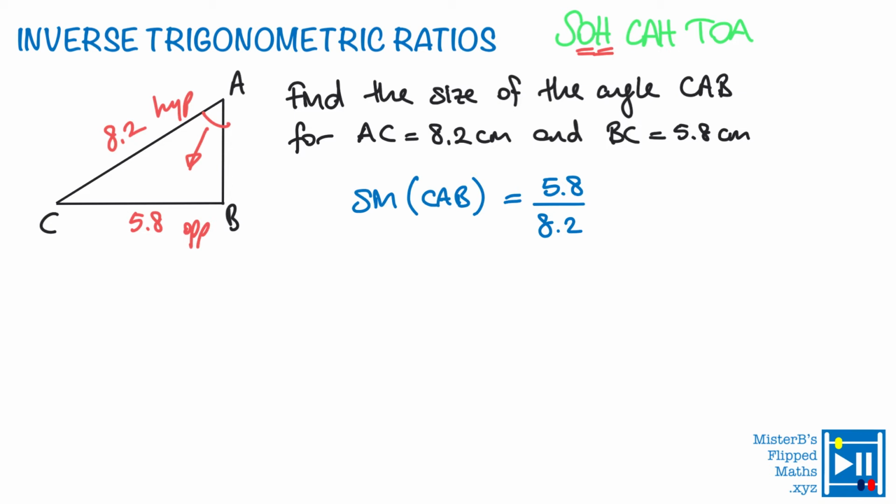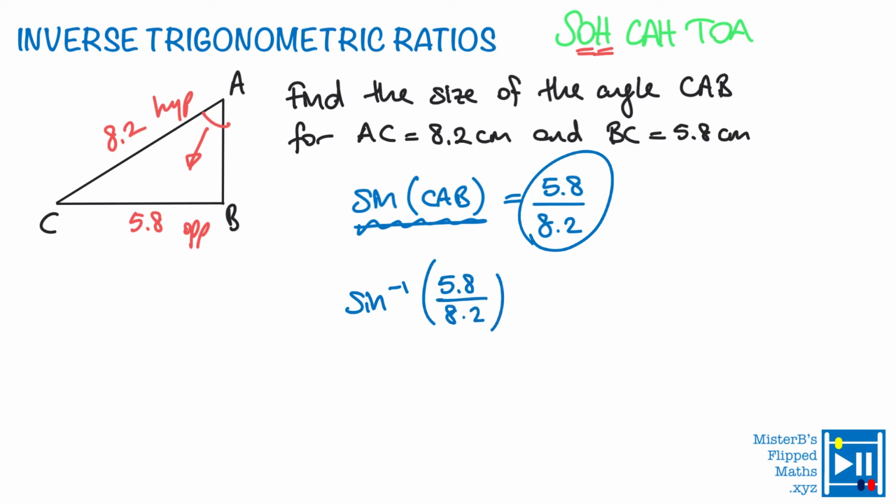So if I go with the angle when I'm using the trigonometric ratio here, I'm going to use the inverse trigonometric ratio with this fraction here. So I'm going to write sine inverse of 5.8 over 8.2 must be equal to the angle CAB.